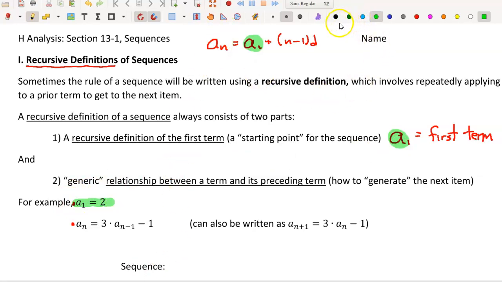And then we have this other part where we have the a sub n. Now, recursive means you have to keep on doing it, right? In other words, we don't have a general formula anymore. We just have a way of getting the next number by using the preceding number, what we call the n minus 1 term.